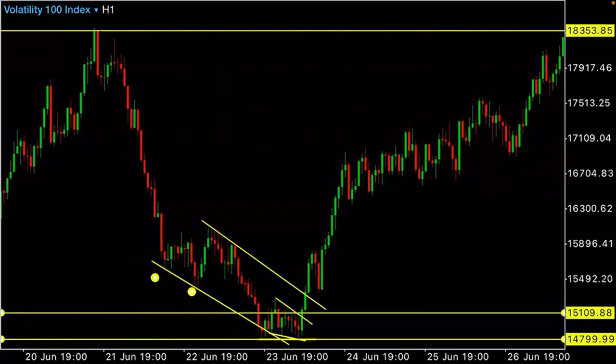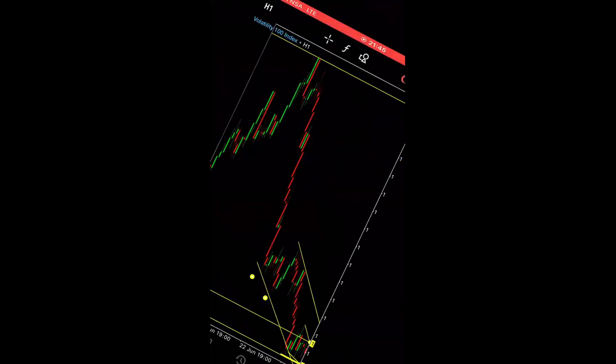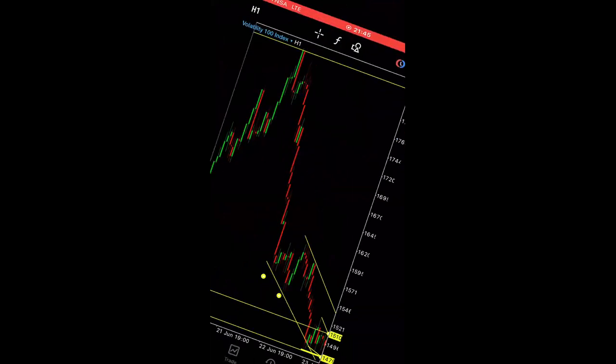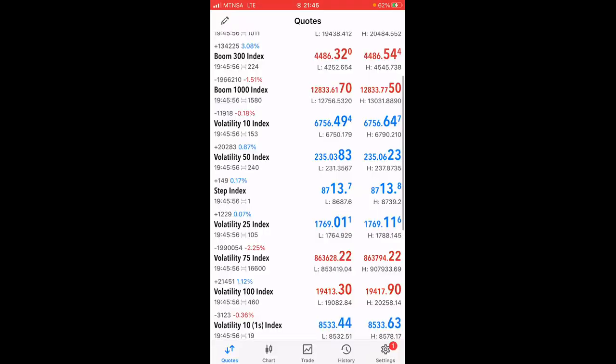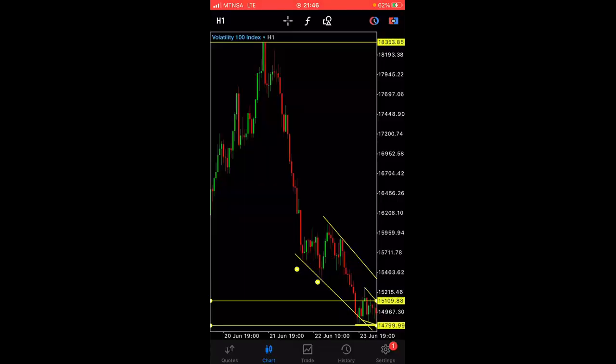And the smallest lot size for this pair, V100, is 0.2, by the way.